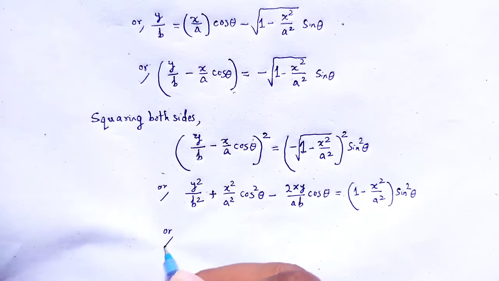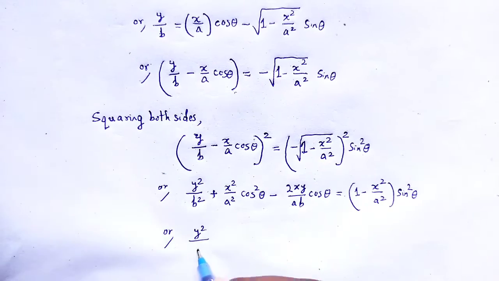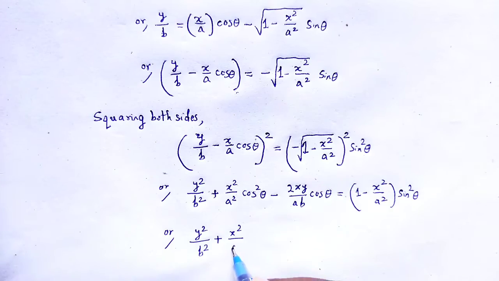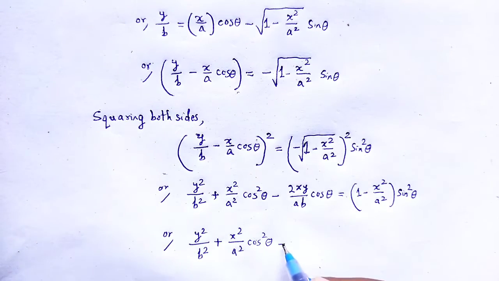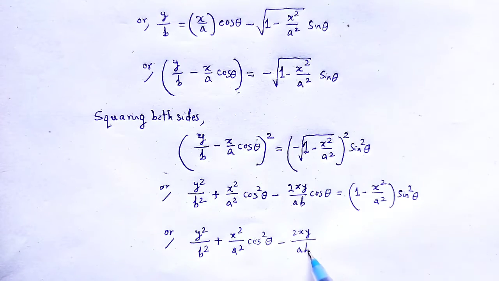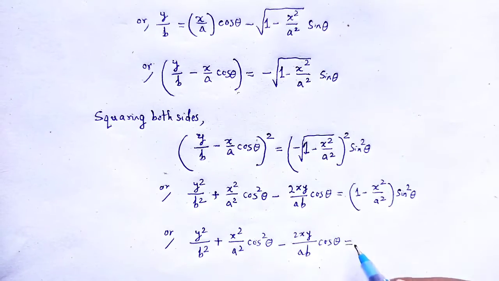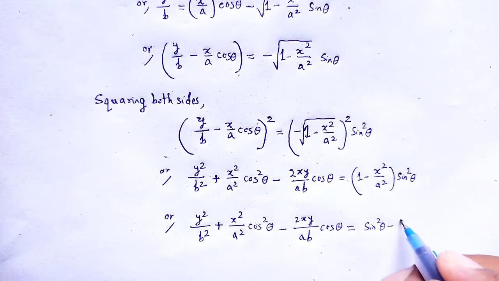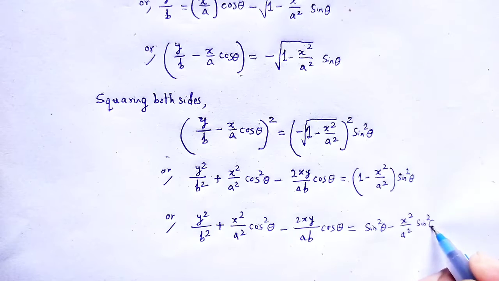Or y square by b square plus x square by a square cos square theta minus 2xy by ab cos theta is equal to sin square theta minus x square by a square sin square theta.